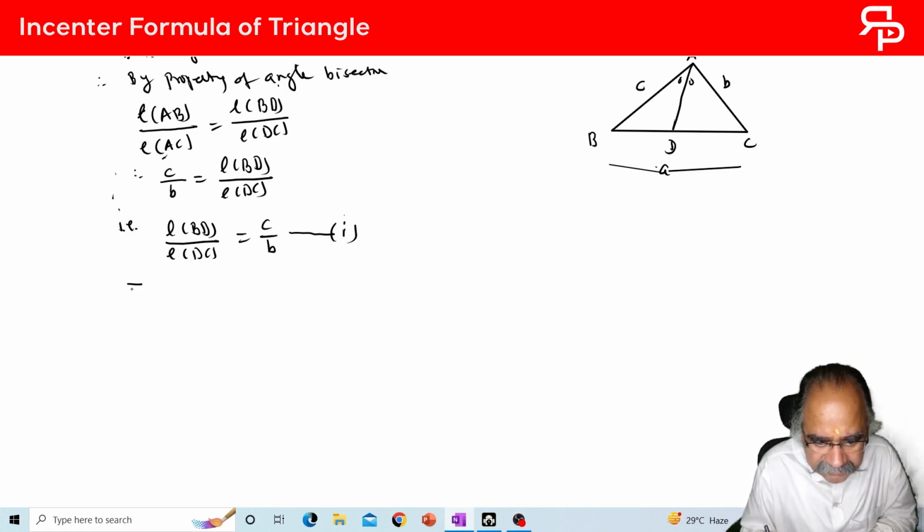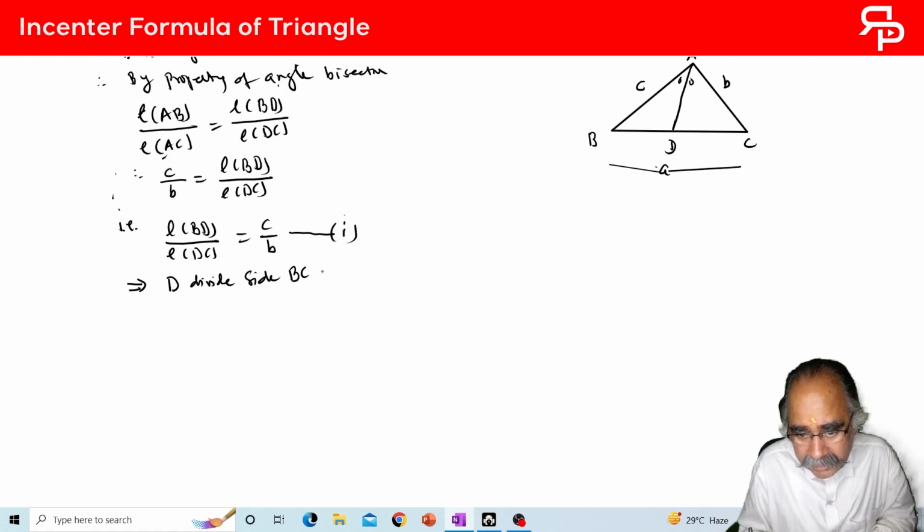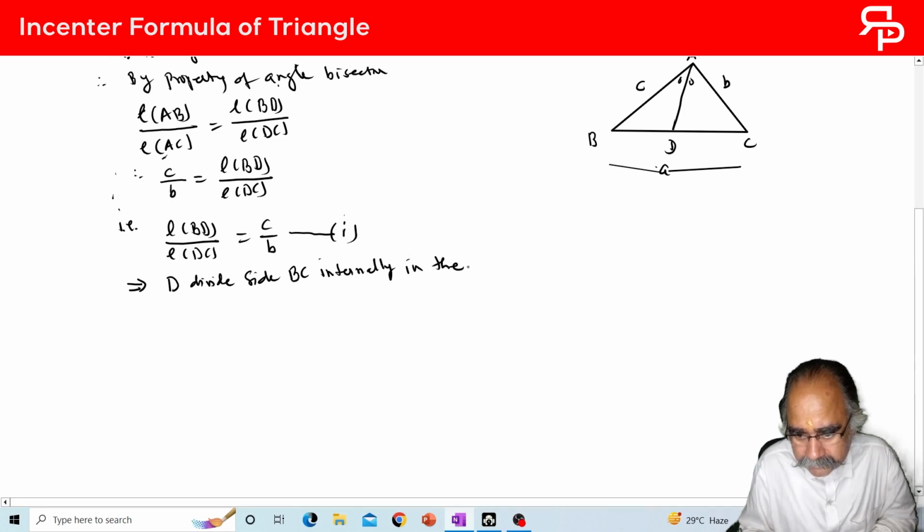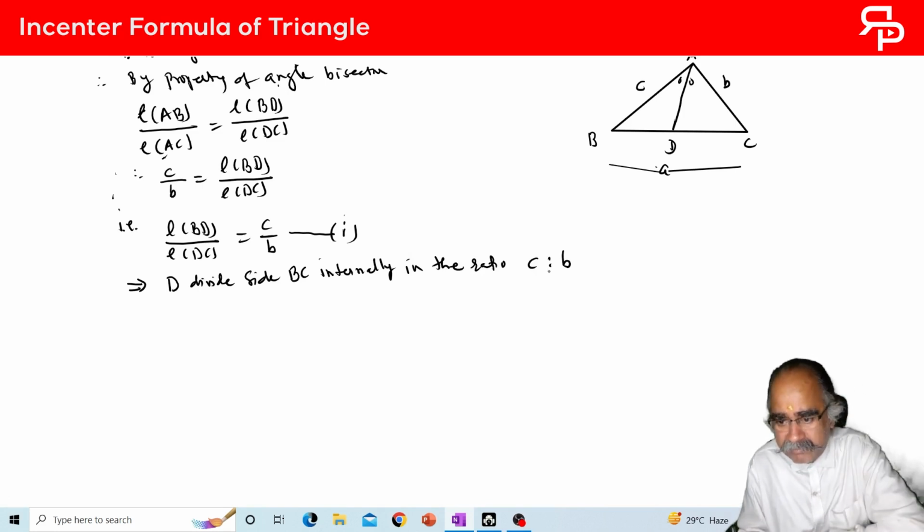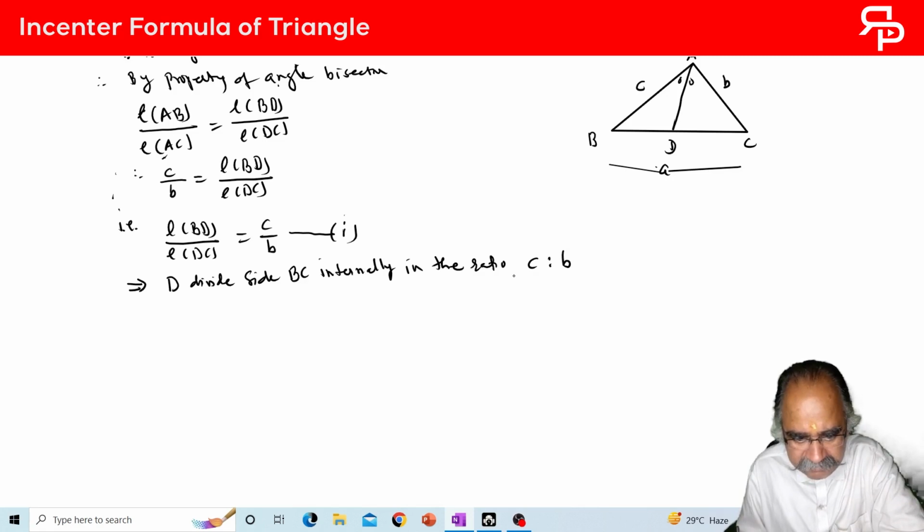So this implies D divides side BC internally in the ratio c is to b. So out of four requirements we got the first requirement, that is the ratio in which D divides BC.